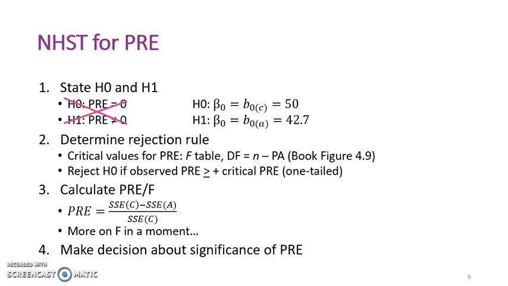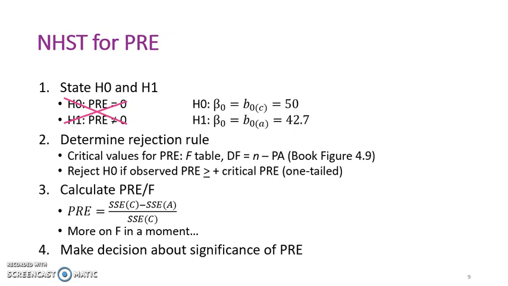I've given an example here that, for model C, we might estimate a mean of 50, but for model A, we might estimate a mean of 42.7. In this situation, the null hypothesis would be that mean estimate for model C, and the alternative hypothesis would be that mean estimate for model A. Again, it's whatever parameter estimate we are testing that we're plugging in to calculate PRE.